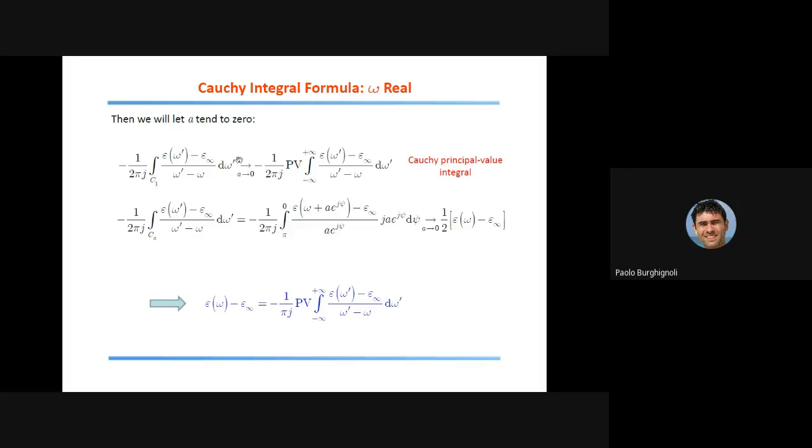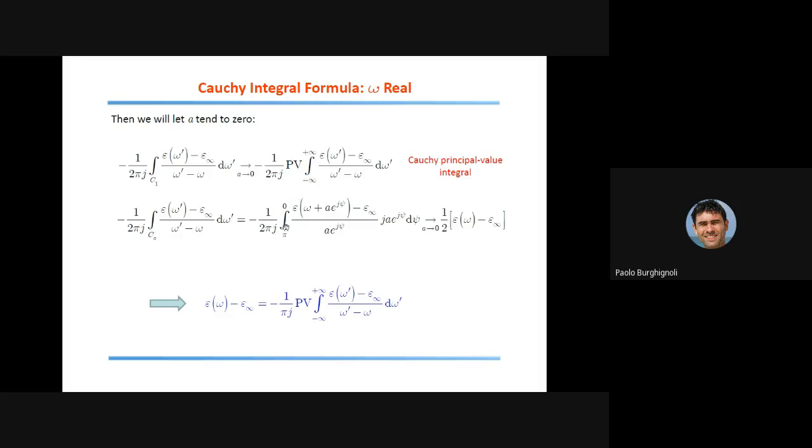This is the limit of the integration along C1. Whereas the integration along the half circle, CA, can be evaluated explicitly by replacing the parametric representation of the circle in place of omega prime.